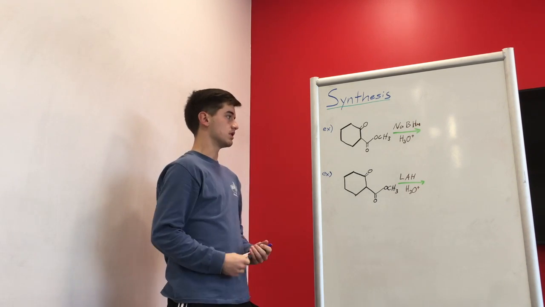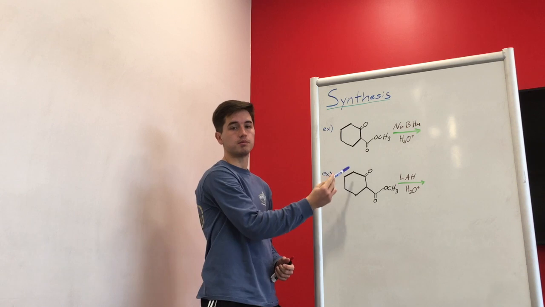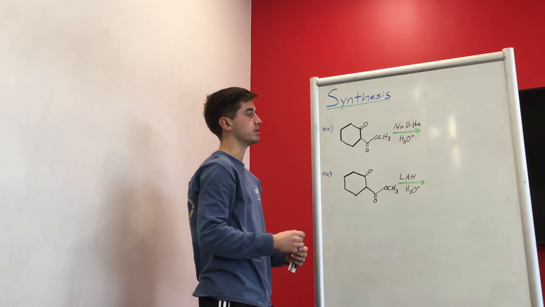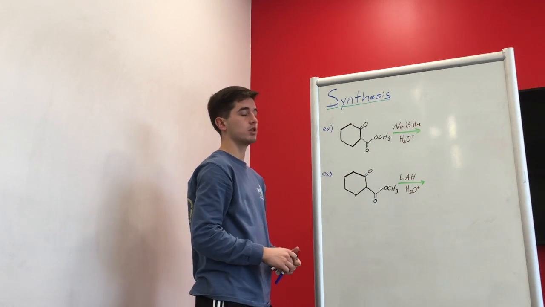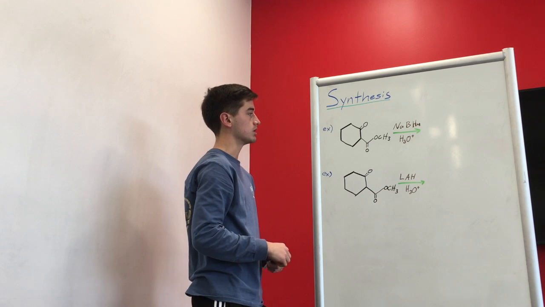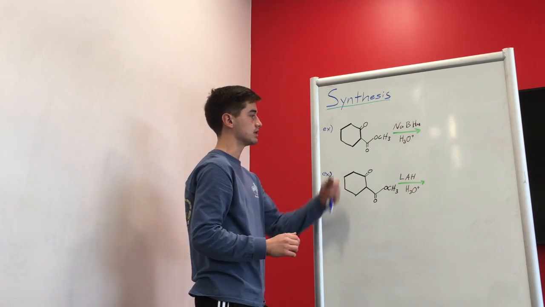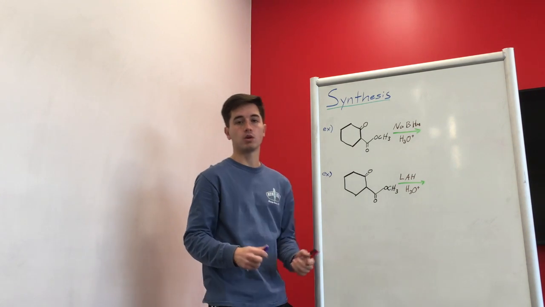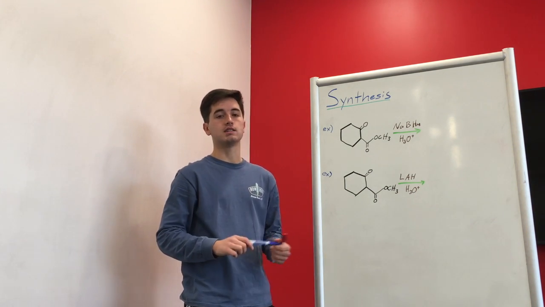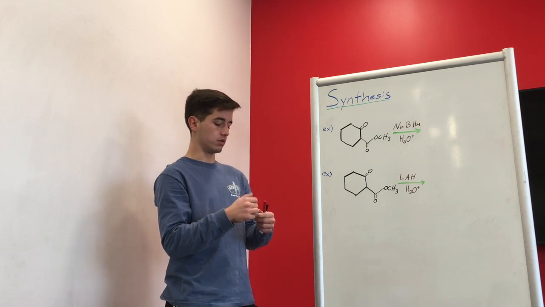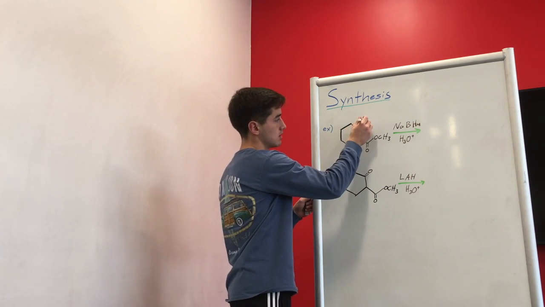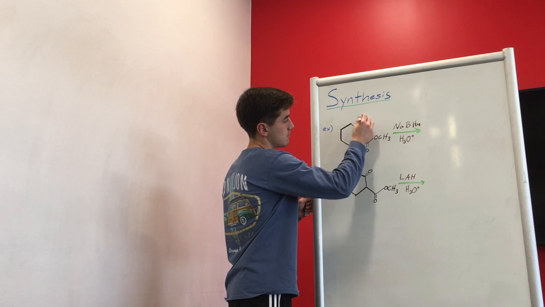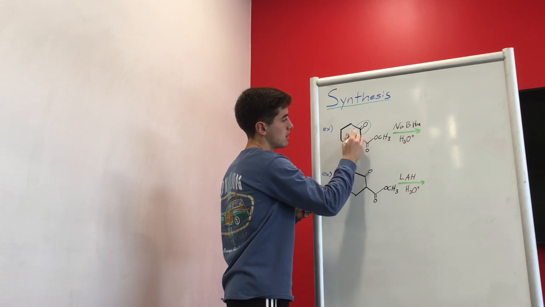First, we're going to do the same exact compound for both of them, but in the first one we're going to do sodium borohydride, and we're going to look at how that reduces this compound. So first we know that sodium borohydride can reduce aldehydes and ketones. And so if you look, you see the ketone right here. It's a bad circle.